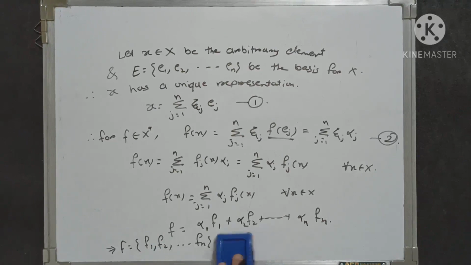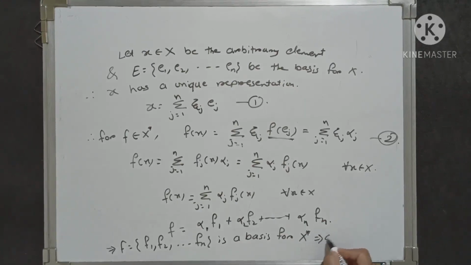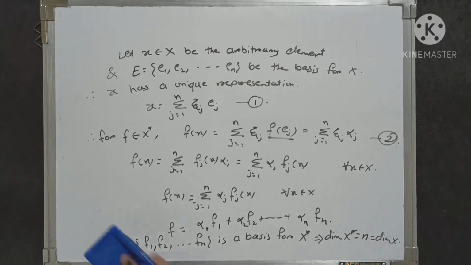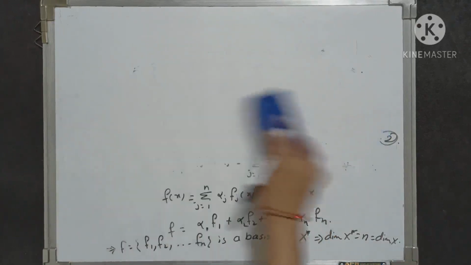Therefore the set F is a basis for X star. X star is the algebraic dual space of X, and as it is a basis for X star, the dimension of X star equals n, but n is nothing but the dimension of X. That means the dimension of X star equals the dimension of X.